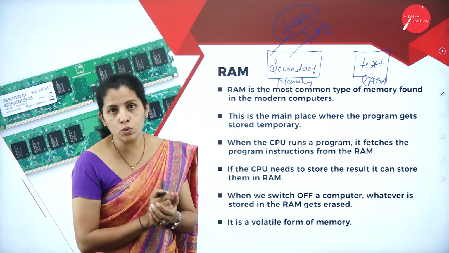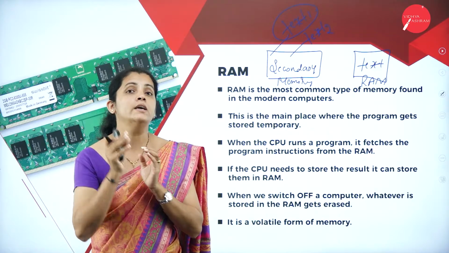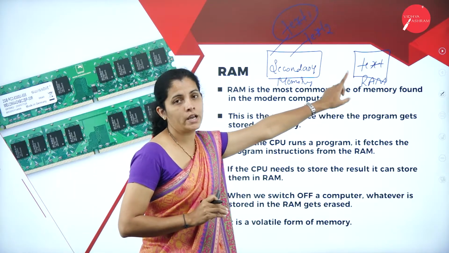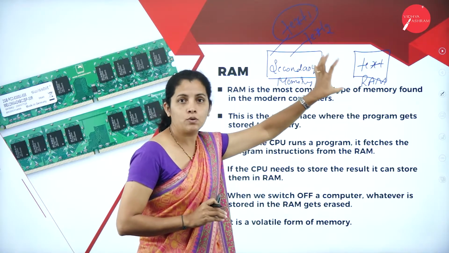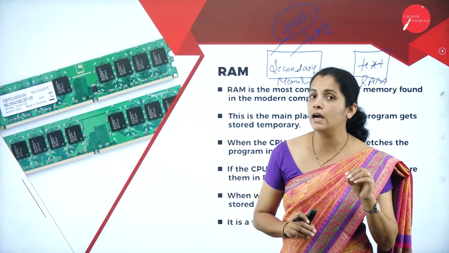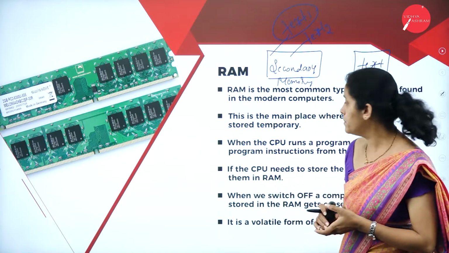So what do we want to do? We want to bring the program which is stored on the secondary storage device to the primary storage device, that is nothing but random access memory. Then only the CPU is capable to access the data which is stored on the random access memory.